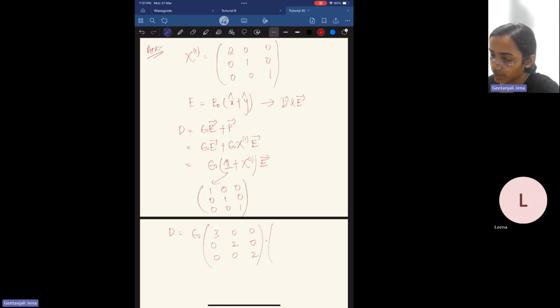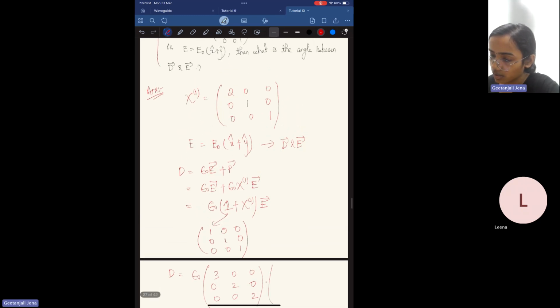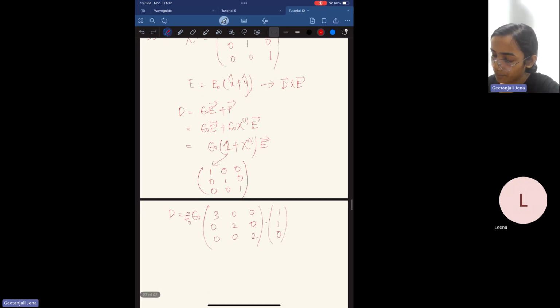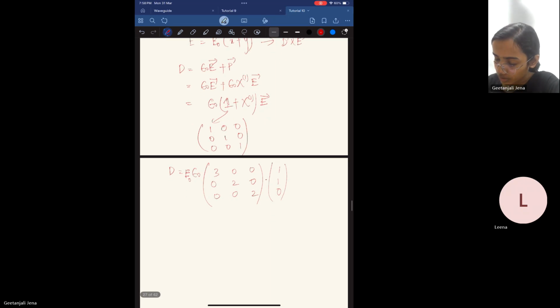Dot E, which is already given. It is E0, so let me take out 1 1 0. So this will give E0 epsilon naught times 3, 2, 0.